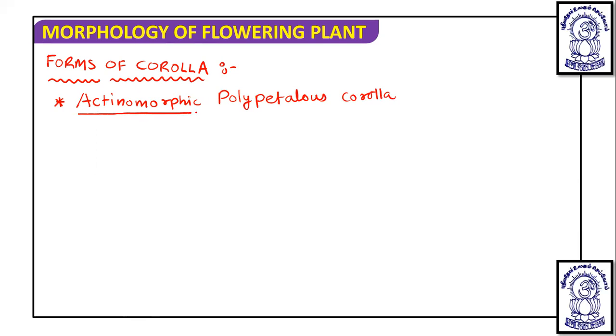And when we talk about actinomorphic, it means radial symmetry showing polypetalous corolla or free corolla. In this, we take one form of corolla, and that is known as cruciform corolla.